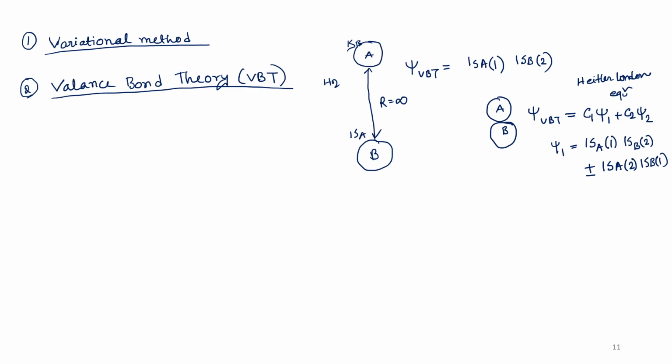Now you can't distinguish them. Based on that, Sir has taught the VBT, the valence bond theory, and you got the values of the energies. You got introduced to different integrals like the Coulomb integral, that is J, and the exchange integral, that is K, right?